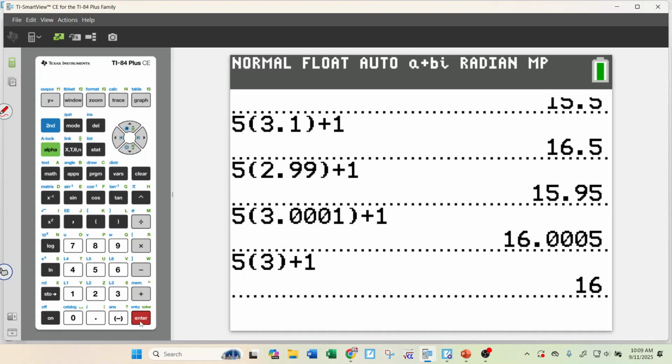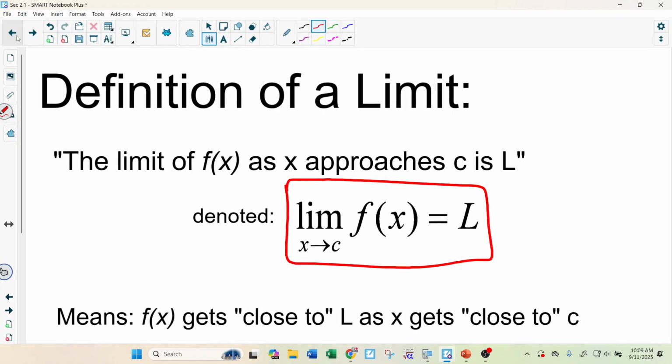So what we want to do is define what it means to get close to. You remember yesterday we talked about how to find the distance between two things? So we said f of x gets close to L. If we said f of x minus L, that's the distance between them, right? We subtract them. X gets close to c, that's the distance between those.